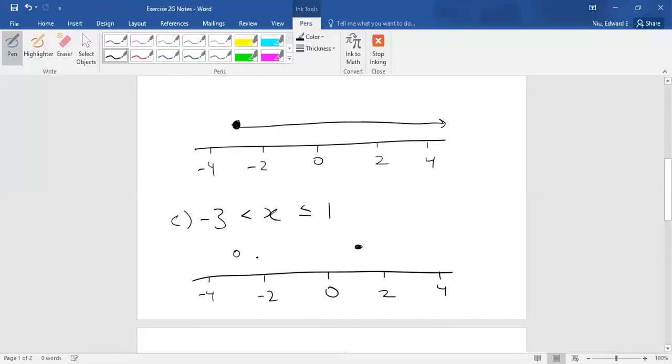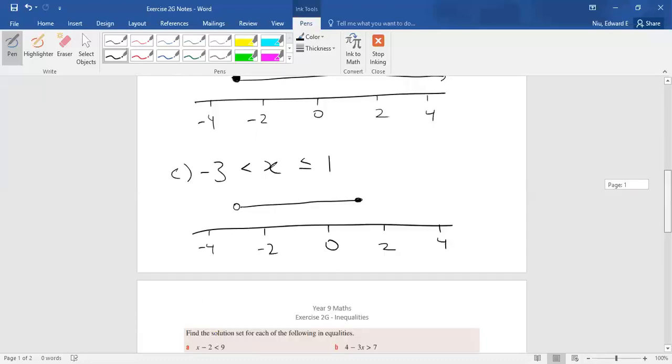And so we connect the two and we can say x can be any number in between these 2 points. So x could be -2.9, -2.8, -1.5, 0, -0.4, 0.5, whatever it might be. So any number in between these 2 dots could be the x. All right, and that's how we do a number line.